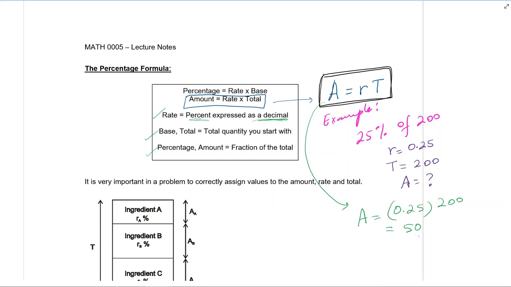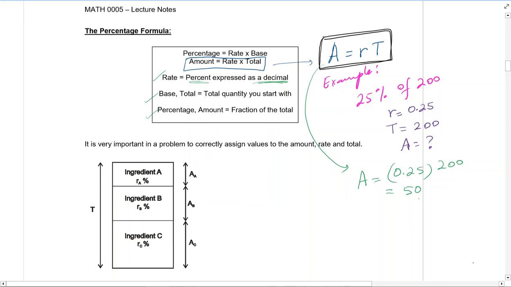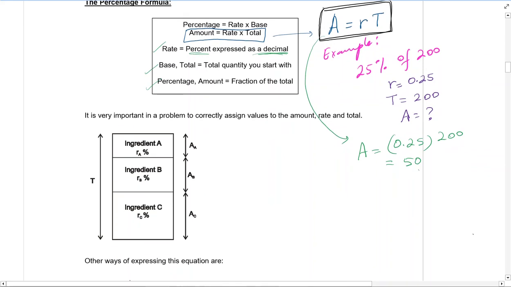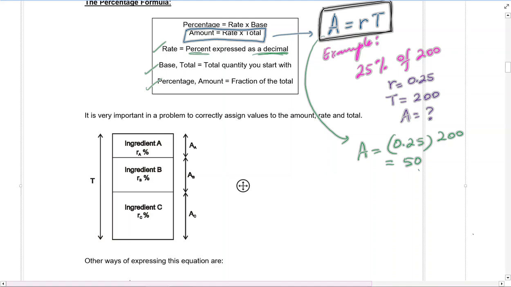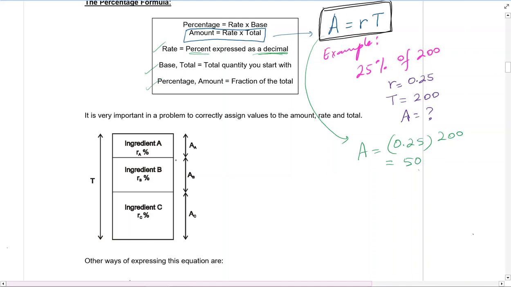And when we do the word problems, we have to be careful about our notations. For example, if a question is saying something is made of 3 ingredients A, B, C, you can assign your variables.